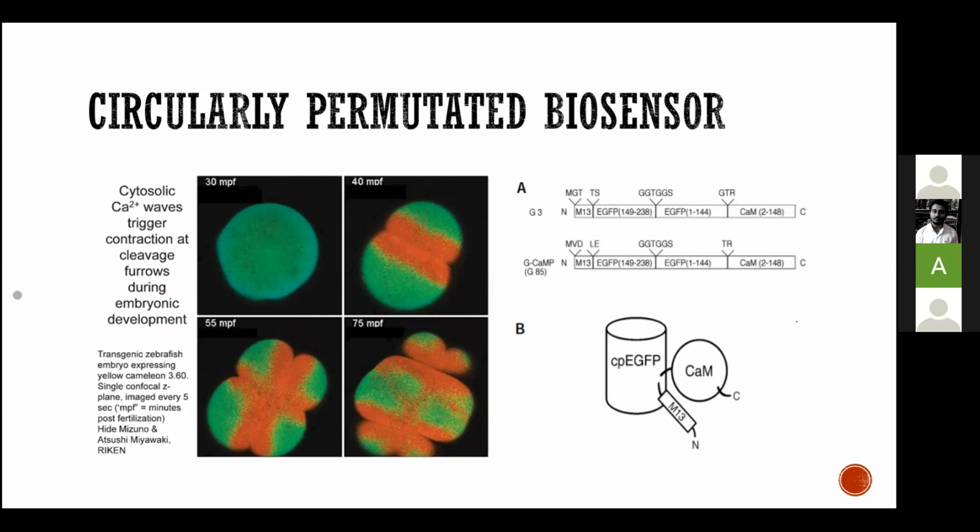It's just detecting calcium ion at the furrow. So by this study they got to know how big a role calcium ion plays at the cleavage furrow, right? You basically know that an egg divides, then it becomes 2, 4, 8, and forms the blastula, whatever. So this was the study which showed that the furrow initiation happens because of calcium ion waves. So this was a big study again.